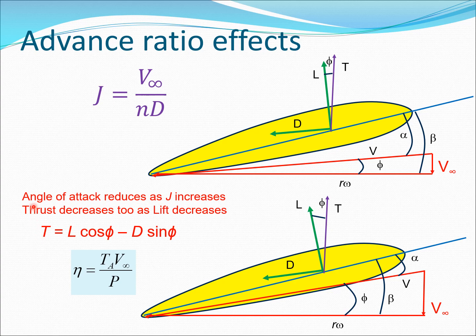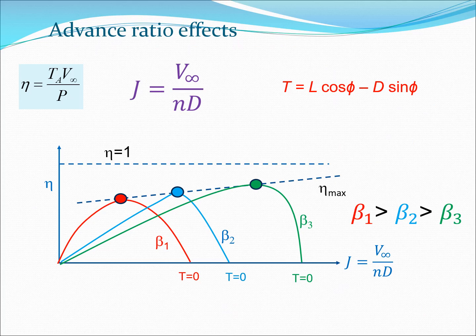So the alpha value reduces as J increases, because J will increase when V infinity increases, and corresponding to that, as you see in these two graphs, the value of thrust is going to decrease. So as the velocity increases, the thrust can decrease in propellers in this situation. This explains the second part of the curve, why this decrease starts happening.